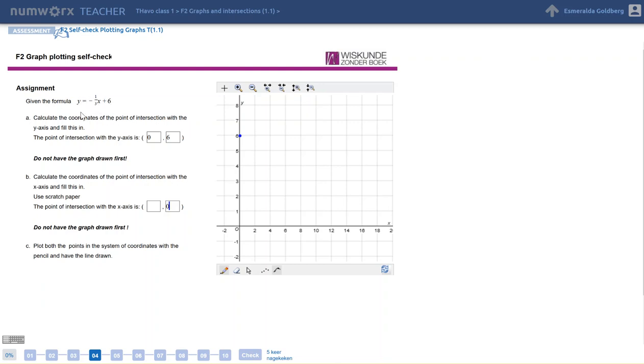We can use the card method to solve this. Hopefully you remember how that works. We can place our card here on minus a third x and think to ourselves, what number plus 6 equals 0? So we have a number, we add 6 to it and we get 0. That number must be minus 6. So we have minus a third times a number, and that should be minus 6.